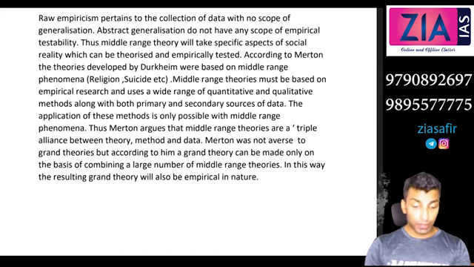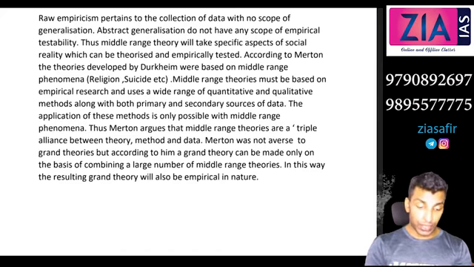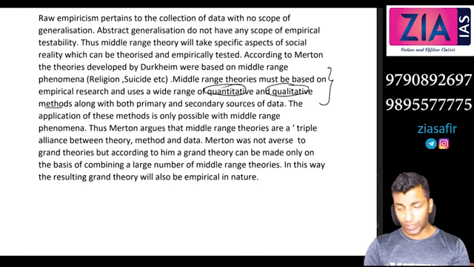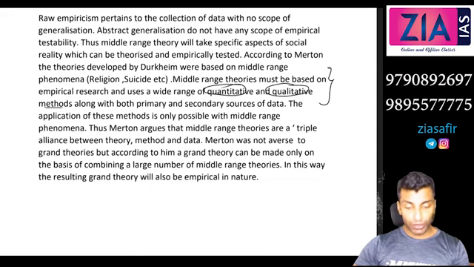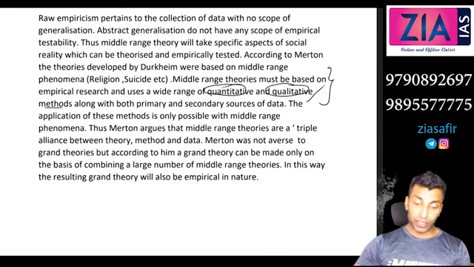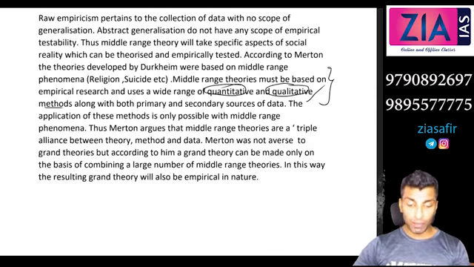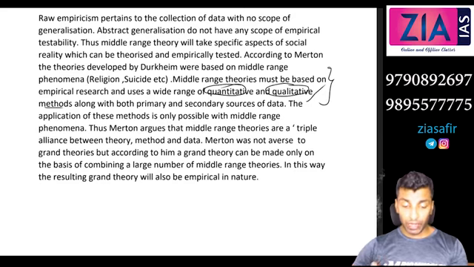Middle range theories must be based on empirical research and use a wide range of quantitative and qualitative methods. I've told you Merton criticized the initial functionalist theories for their lack of use of methods, so he stresses the use of both quantitative and qualitative methods. By the time of Parsons and Merton, the distinctions between positivism, non-positivism, micro, macro, quantitative, qualitative were already gone.